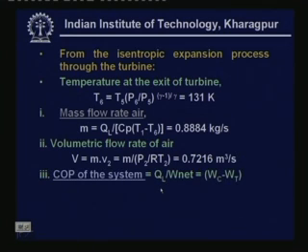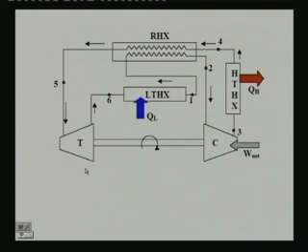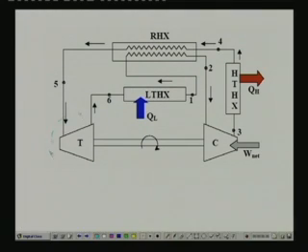Finally, we have to find the COP of the system. COP of the system is given by QL divided by W net, that is the net work input to the system, and net work input to the system is equal to work input to the compressor minus work output from the turbine. This you can easily find out by again applying energy balance across turbine and compressor.